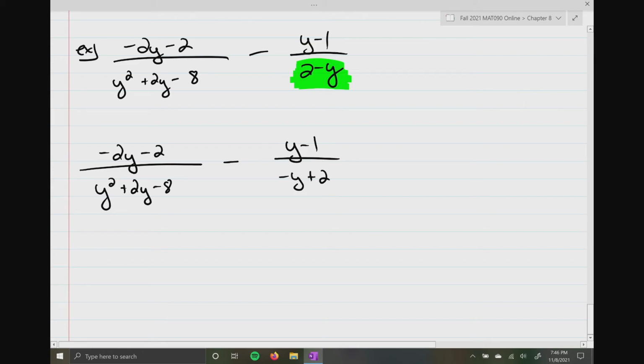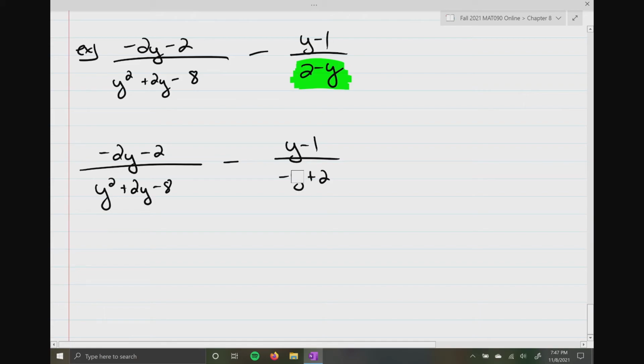This variable is negative. Normally, we don't like that leading term to be negative. If you need to, rewind the video and look at all my variables, they're all positive. They come first and they're positive. So what am I going to do? Well, if you're thinking factor out a negative 1, this is exactly what I'm going to do.